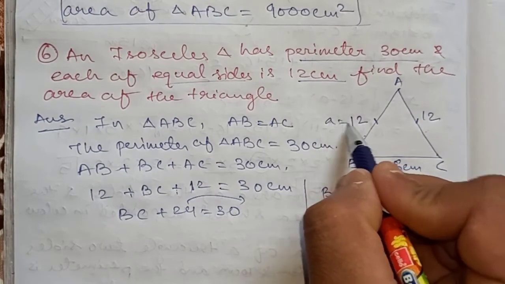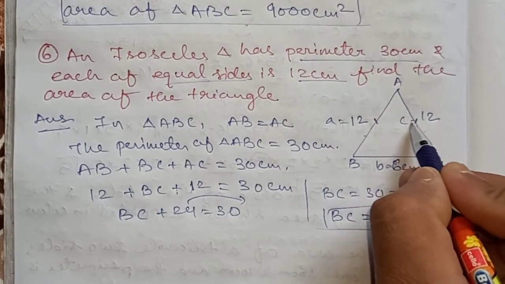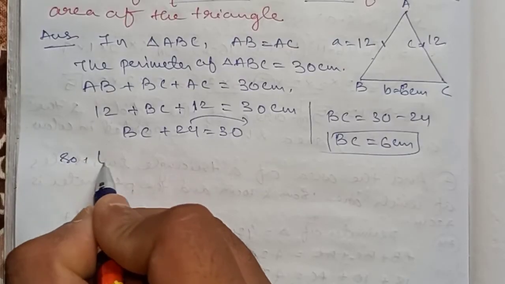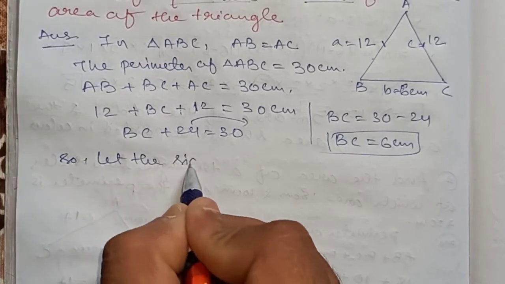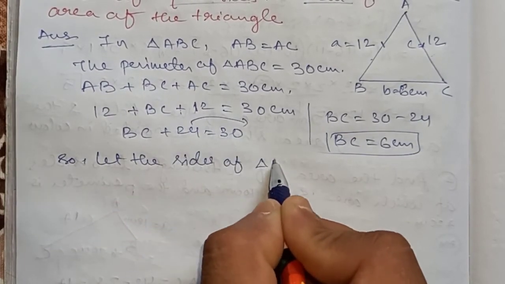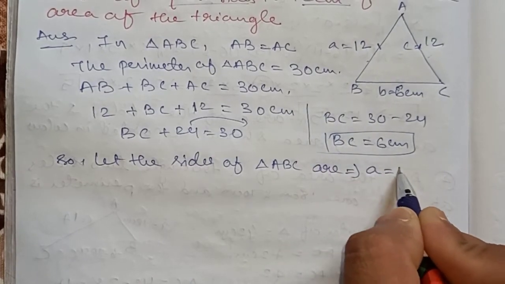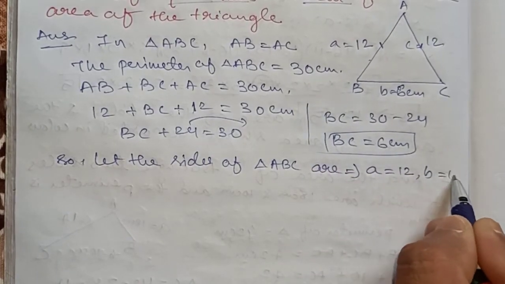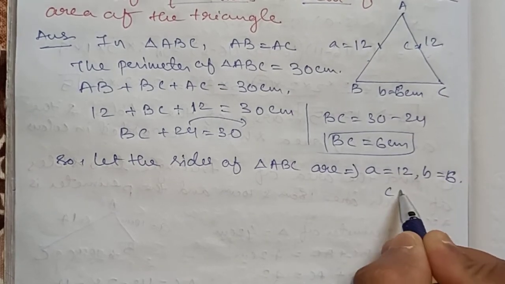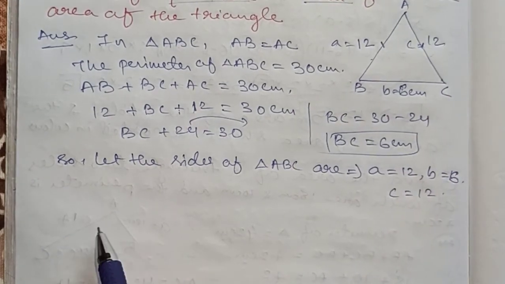So we will take this as A, this as B, this one as C. So let the sides of triangle ABC be A equals 12, B equals 6 and C equals 12. Now we will use Heron's formula.